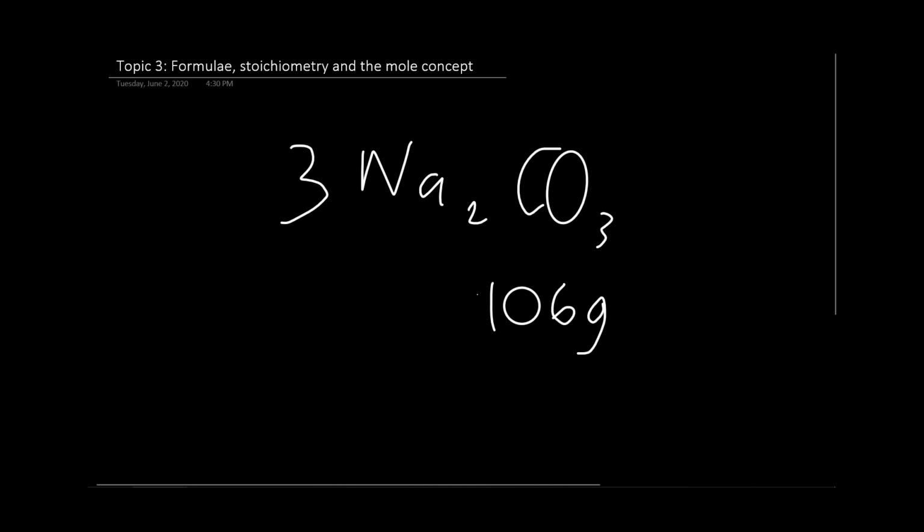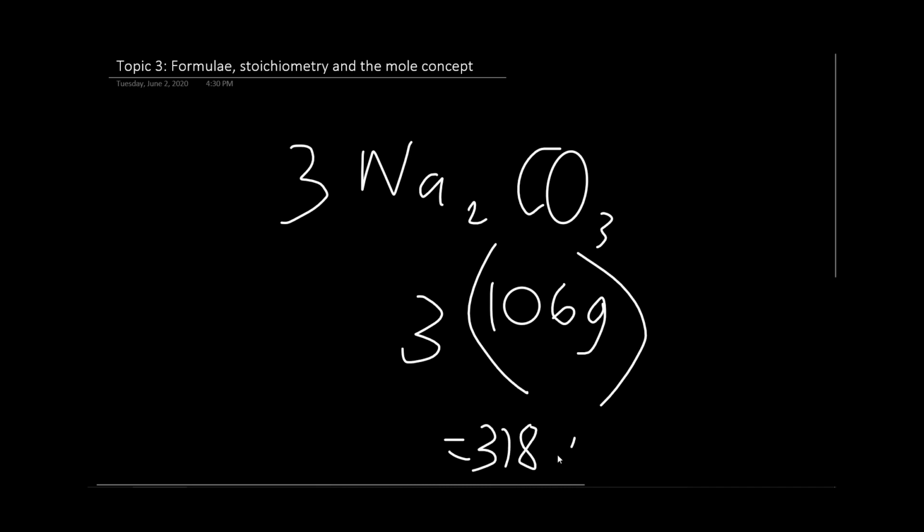If 1 mole of sodium carbonate has a mass of 106 grams, 3 moles of sodium carbonate will have a mass of 3 into 106 grams, which is 318 grams. I hope that's clear.